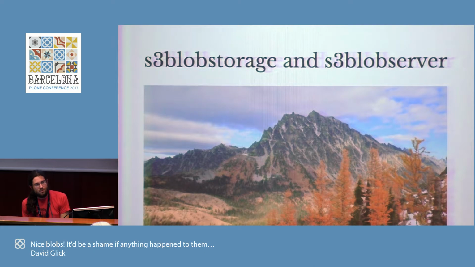But as I looked at it more closely, I realized that it wasn't going to work great for us. It really seemed kind of experimental. There wasn't much documentation on how to use it, which isn't necessarily a deal breaker, but it means you have to look at the code more carefully. The thing that I was really unsure about is it uses this separate process called the S3 blob server that actually deals with fetching the things from S3 and serving them to you.